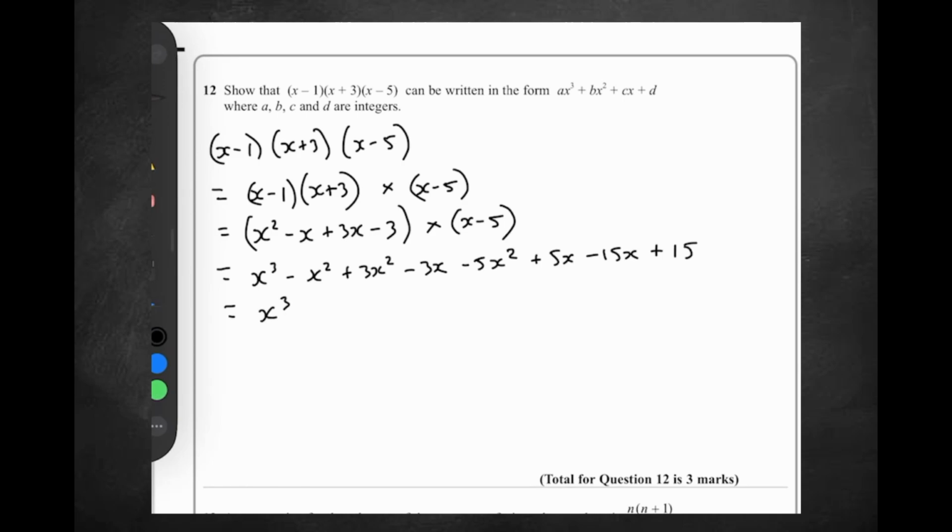We got x cubed minus x squared plus 3x squared is 2x squared. Minus 5x squared gives us minus 3x squared. Then the x terms, minus 3x plus 5x is plus 2x. Minus 15x is minus 13x. And then we have a plus 15 on the end. And that is the format that we're looking for.